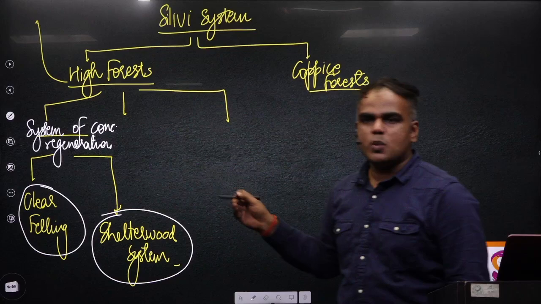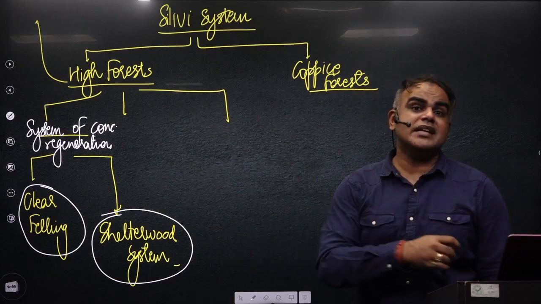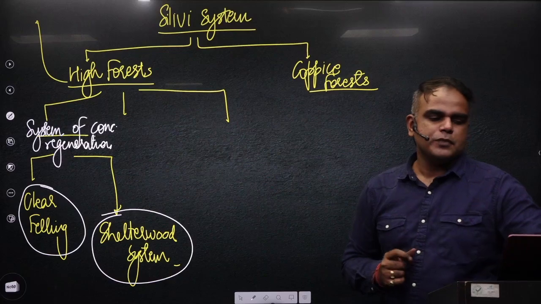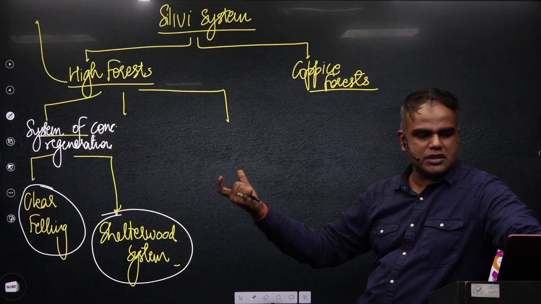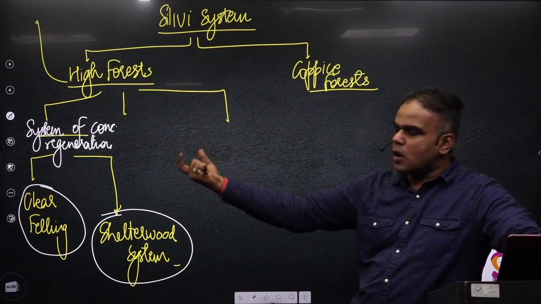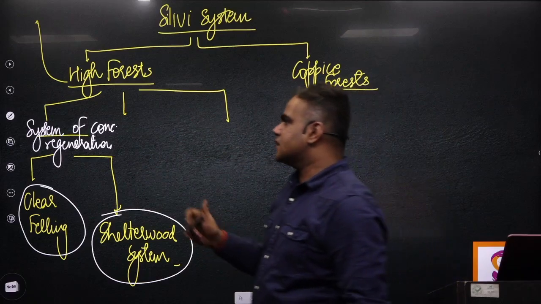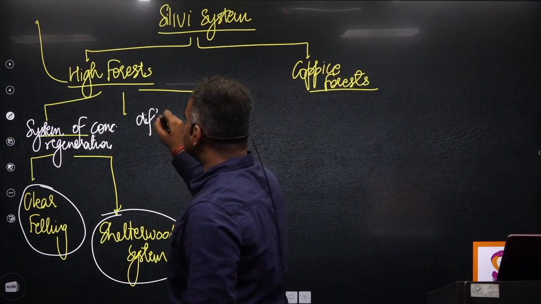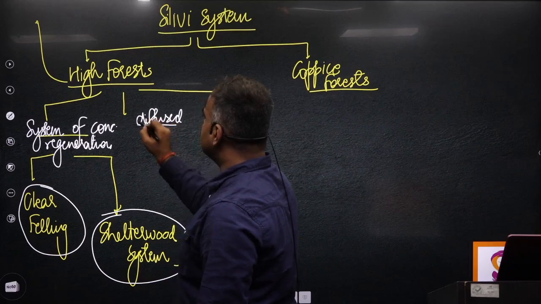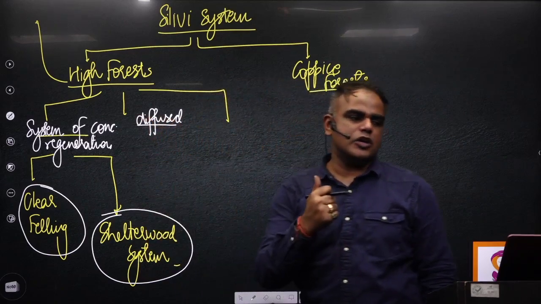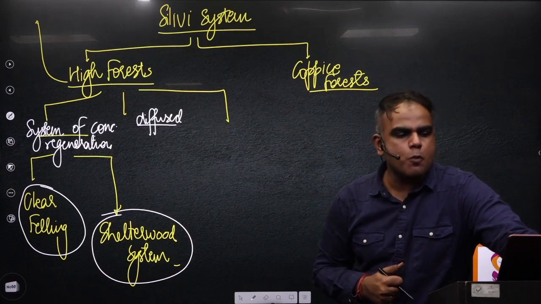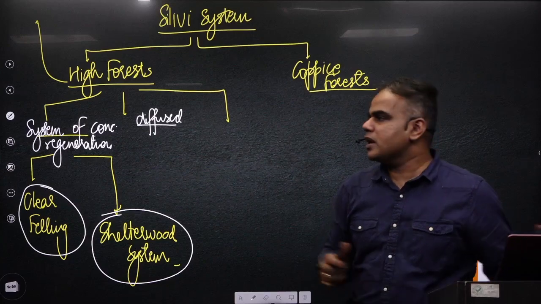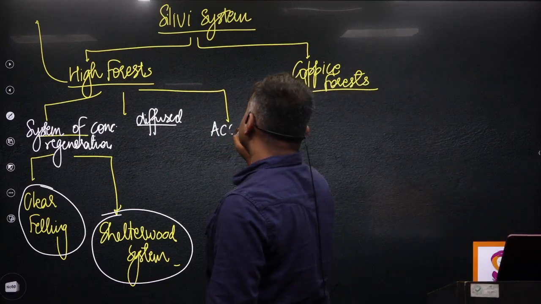Try to draw this once. Shelterwood, you have around 7 types, or sorry, 8 types: uniform, group, shelterwood, strip, Wagner. Just make a note here. So this is the system of concentrated regeneration. There is a system of diffused regeneration, which is then also divided into certain aspects, which has the selection system and the group selection system. And then you have the accessory system.